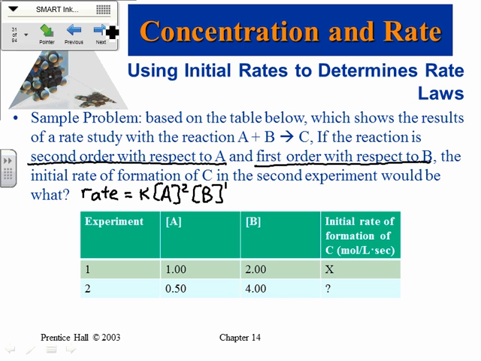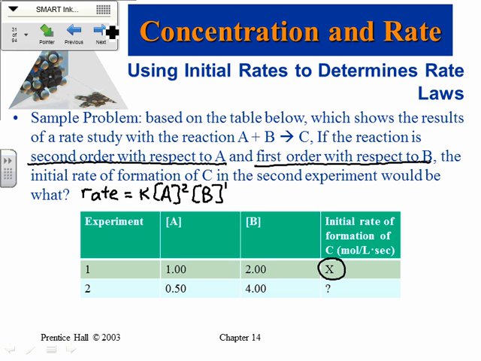Now we have to look at what's actually happening here. We can figure out what would happen with A and B and find out what X is, and then we should be able to tell how the second one relates to that.